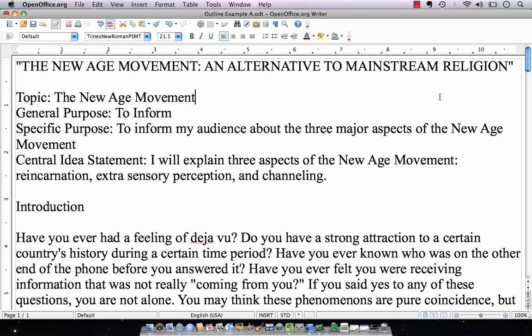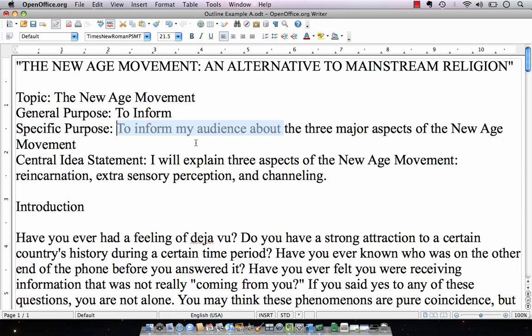But at the top of the outline, you'll also see three things. You'll see a general purpose, which is always two words, either to inform or to persuade. You'll see a specific purpose, which begins with the same 5 words: to inform my audience about, or to inform my audience of.